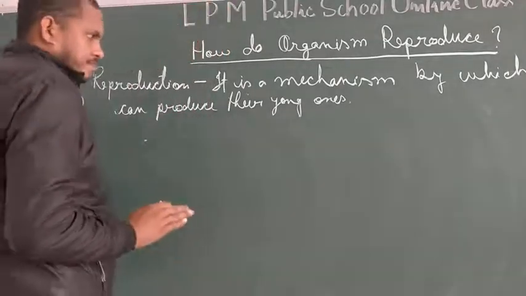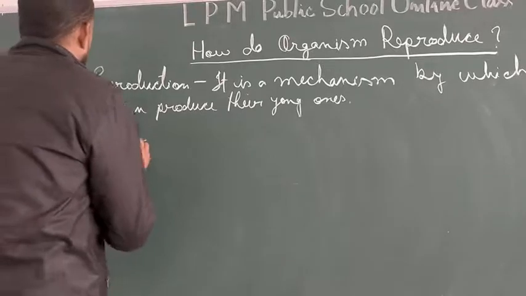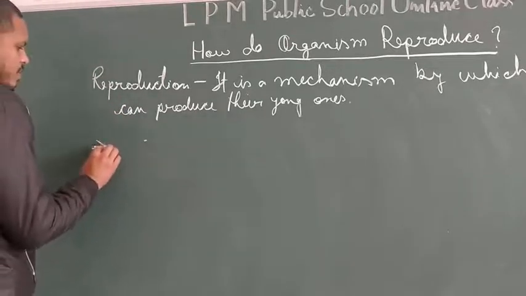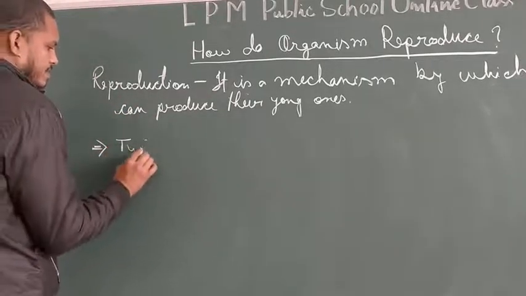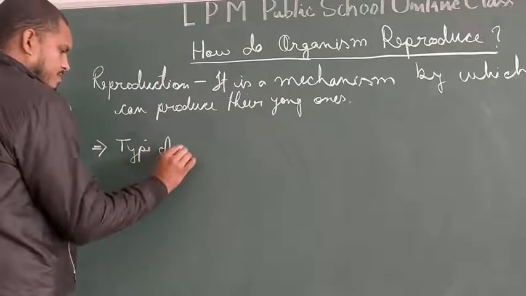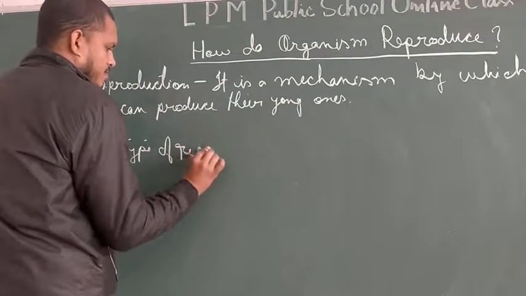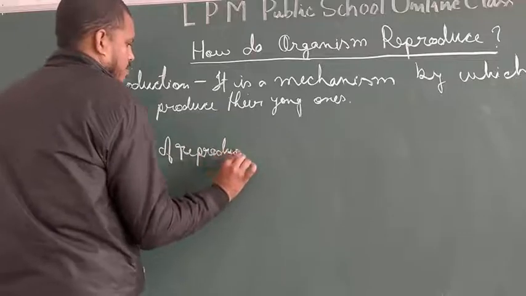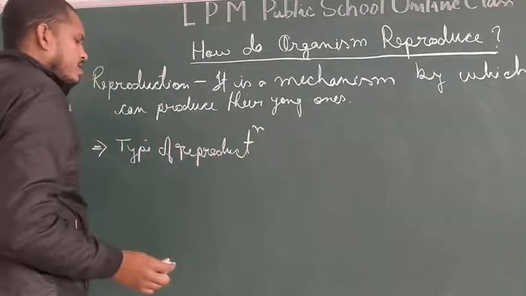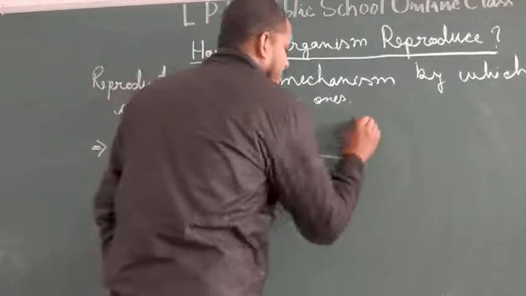Now, types of reproduction. When we talk about reproduction type, it is divided into two types.